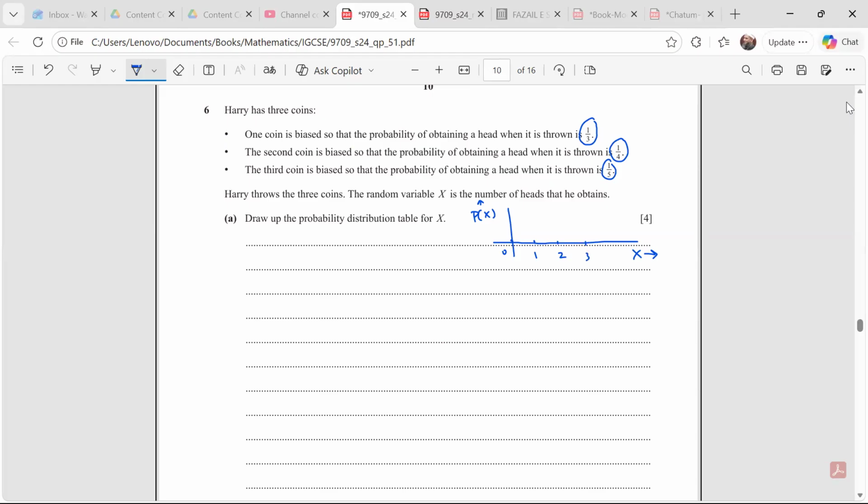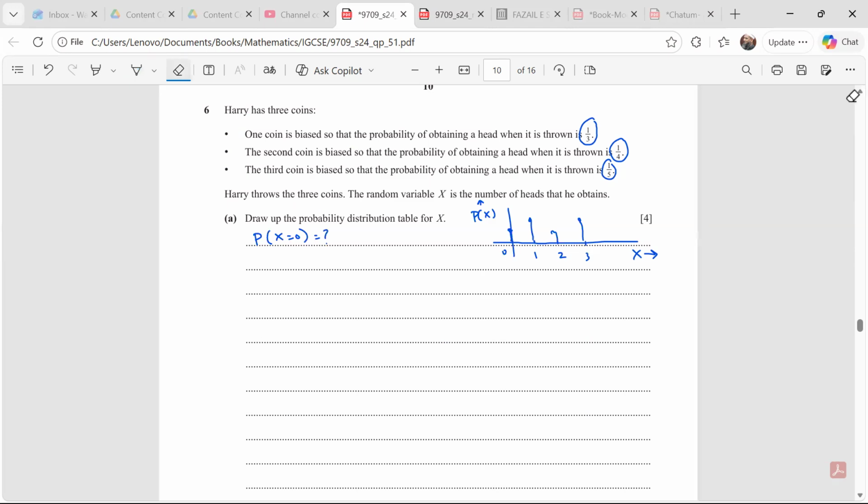So basically, we need to know the probability that x is 0, the probability that x is 1, 2, and 3. Okay, so let's try to calculate this.